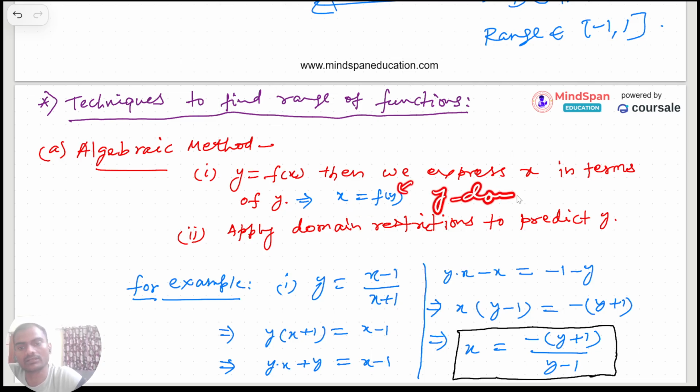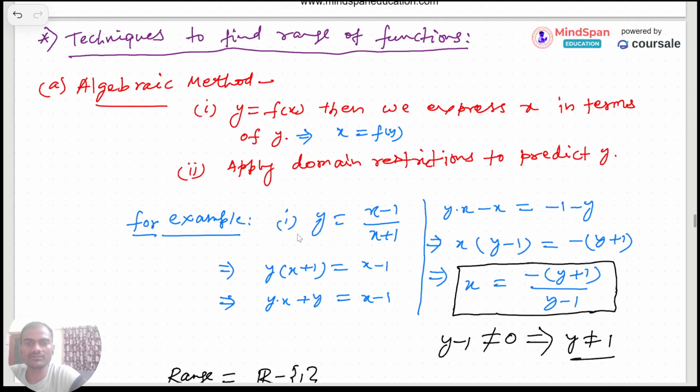Y is domain. And we can apply all the constraints that are available for a domain. Log cannot have anything less than or equal to 0, denominator cannot be 0, a square root function cannot be less than 0. All these restrictions we can apply on y to predict the values of y, right? By applying all those things, whatever value we calculate for y, they become a range of the original function, since y was actually range of the original function, output of the original function.